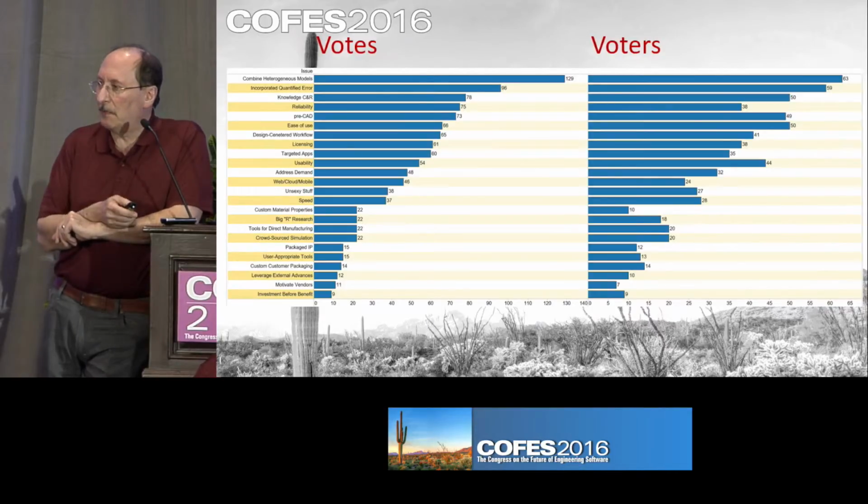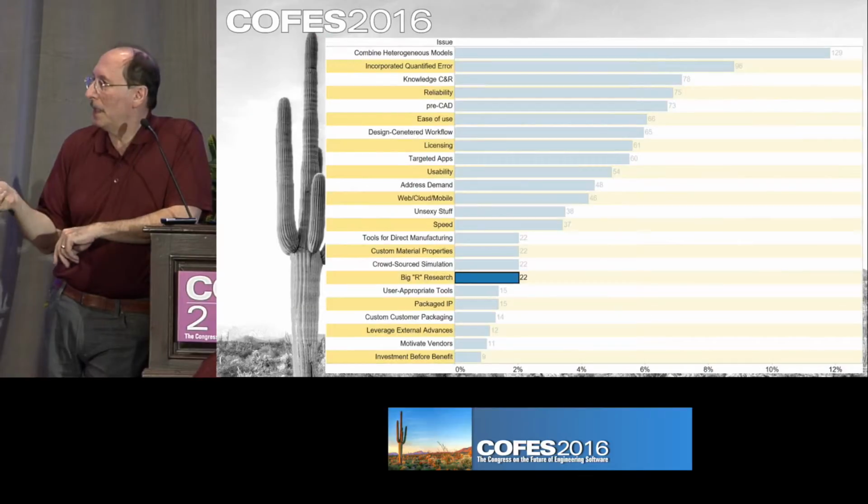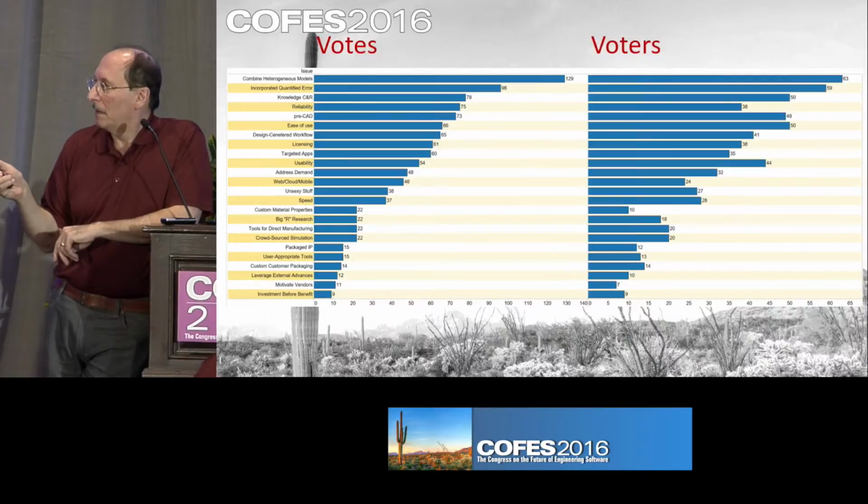there's a difference between votes and voters. On the left, we have the votes that we just saw. And on the right, we can look at how many people voted for different things, which is a very different story. And we can see if we look at custom material properties, only 10 people voted for them, but they got 22 votes.